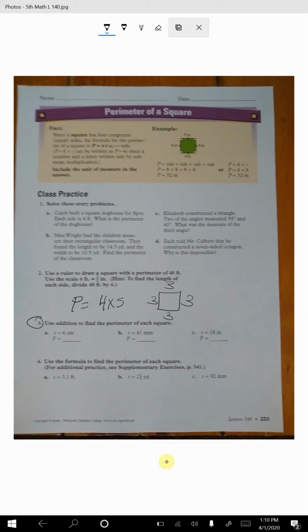You learned that back when you learned how to do multiplication. Down here, I have a square, and because we're practicing the formula, I want you to write P equals 4 times S on that. Then we can simply do it. What is 4 times 4? 16 centimeters. Next one: perimeter equals 4 times S, S meaning side. What's 41 times 4?